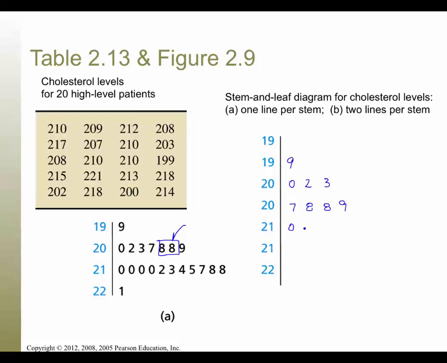So we're going to have everything 0 through 4. And then? And then 22. And we should probably put the other 22 here, and then we would just leave it blank. Questions on that?